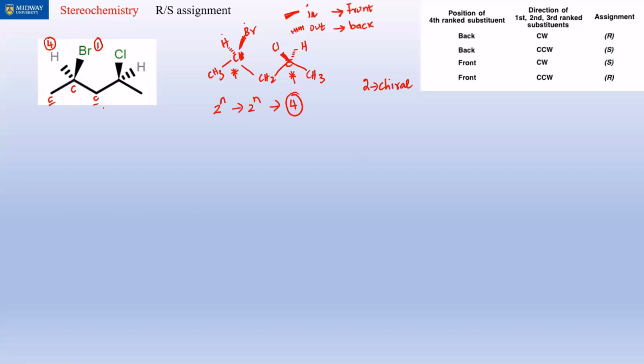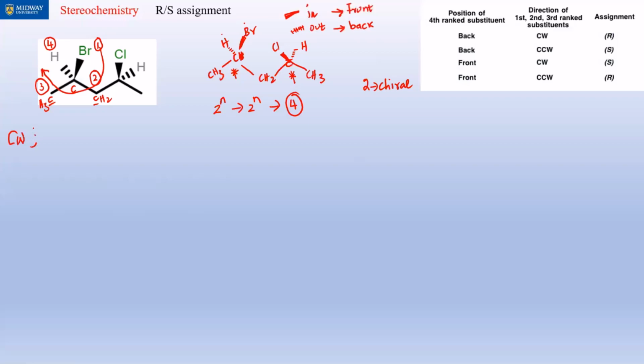So that's 4. Between these 2, they both have carbon. So the first point of contact is the same. So we look further, and this is a methyl, and this whole thing is CH2, and then it's also attached to this. So this will be 2. So this will be 3 then, right? So now connect the 1, 2, and 3. That's the arrow, direction of the arrow. That's clockwise, right?